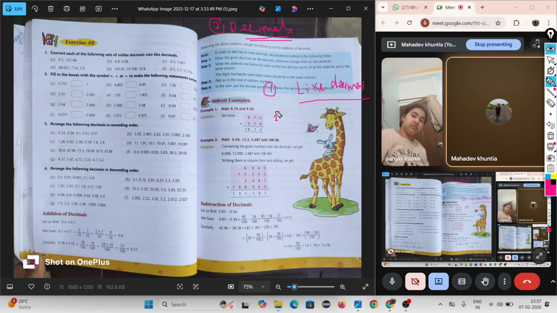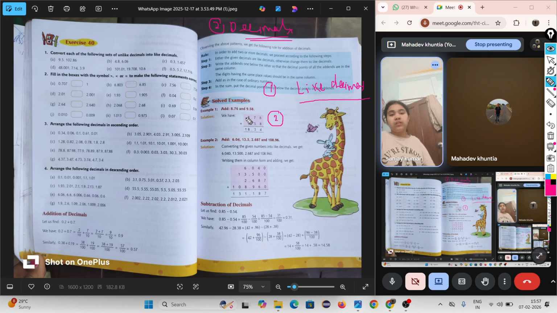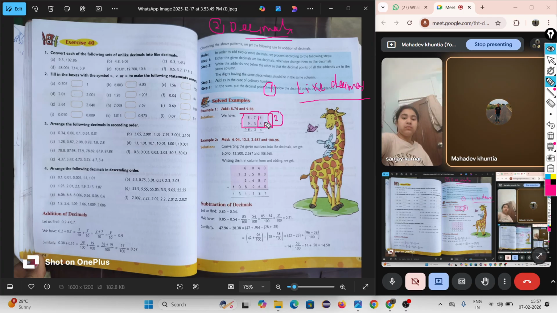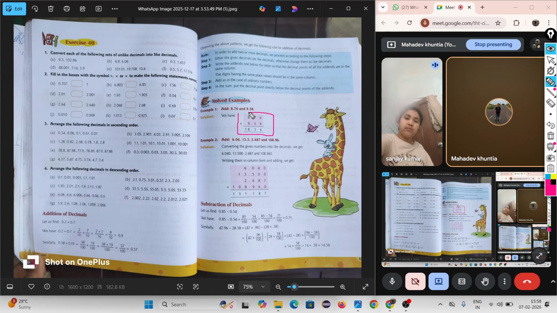Number two, write in such a way that the decimal places are on the same line, same column. Look, here is the example. Hundredths under hundredths, tenths under tenths, decimal point under decimal point. You have to write like this. Then you have to add like normal numbers.